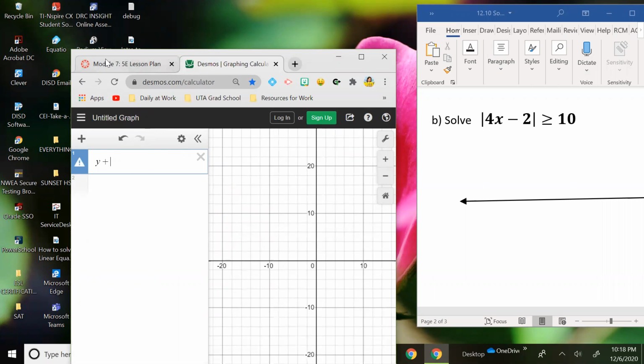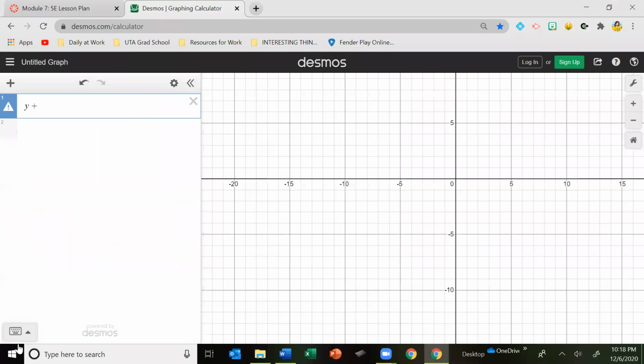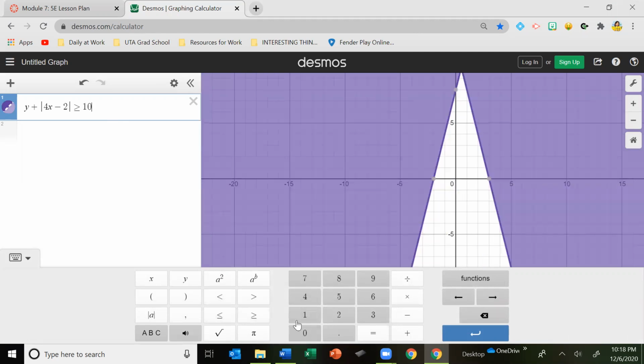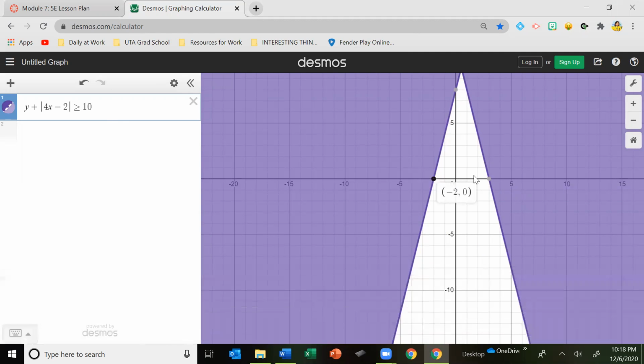And then we are going to put absolute value of 4x minus 2, what else? Greater than or equal to 10. Boom. As you can see right here, we're looking for the x-intercepts first, right?